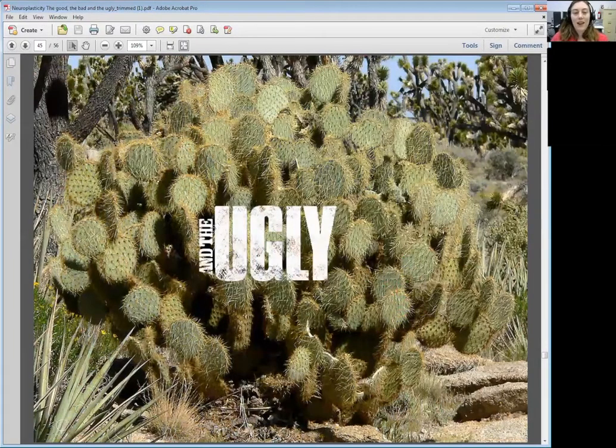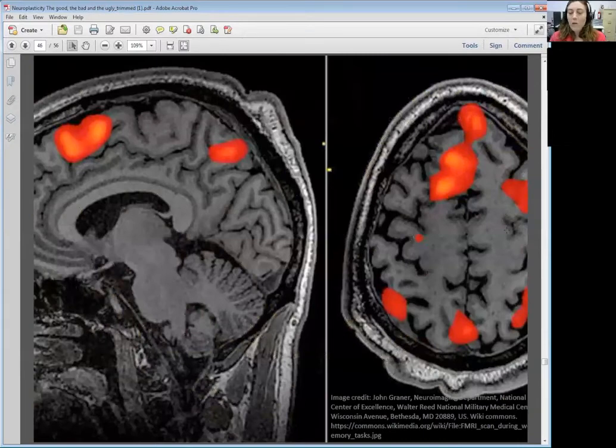All right. Now I'm going to touch on some of the ugly aspects of neuroplasticity. So often when you see media reports about neuroplasticity, they'll be accompanied by fancy looking brain images, such as this one here. Now, certainly brain imaging has been a really useful tool for learning more about the brain, but there's great potential for information to be misinterpreted.